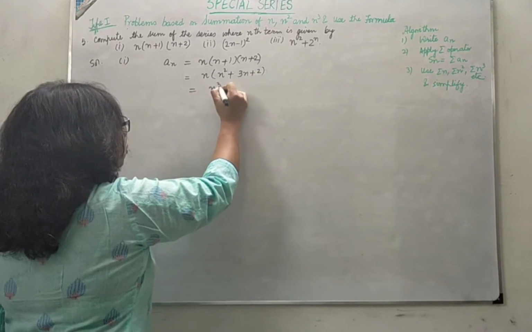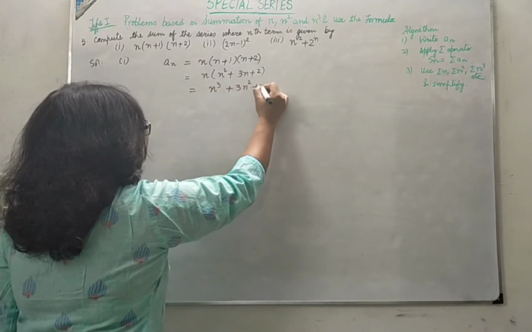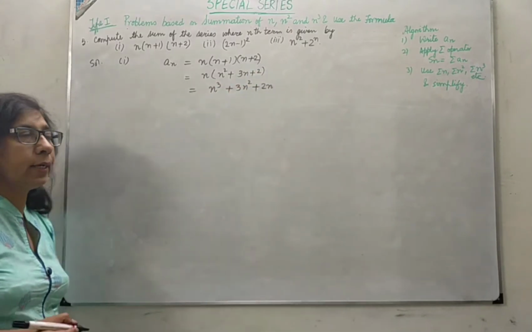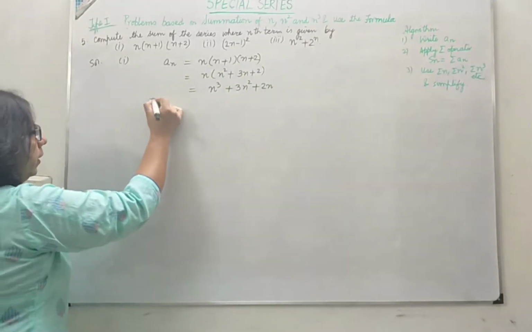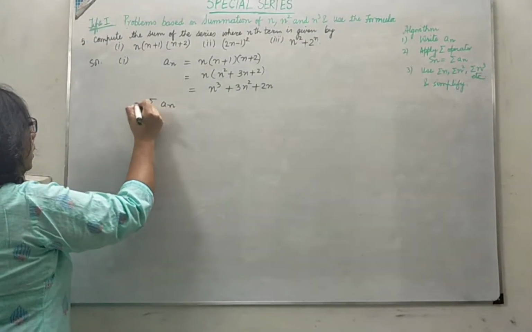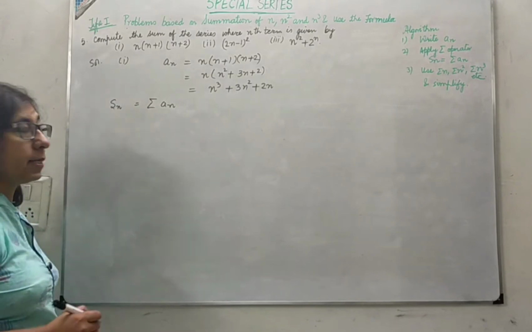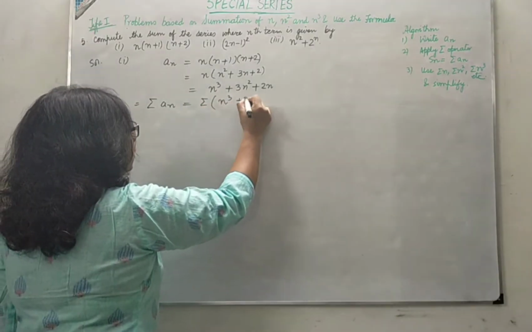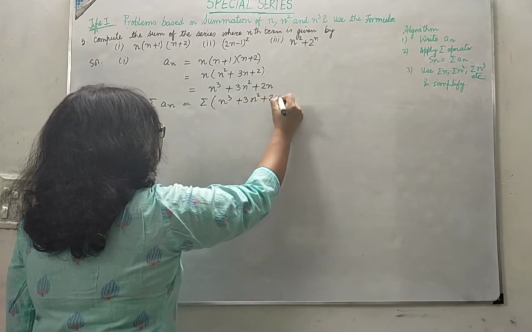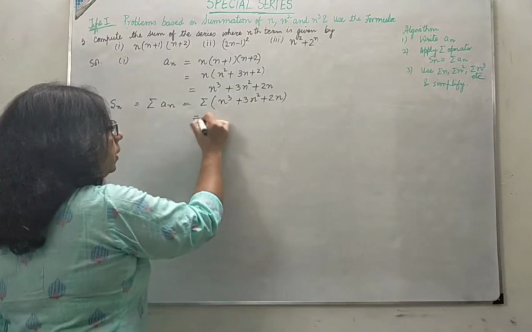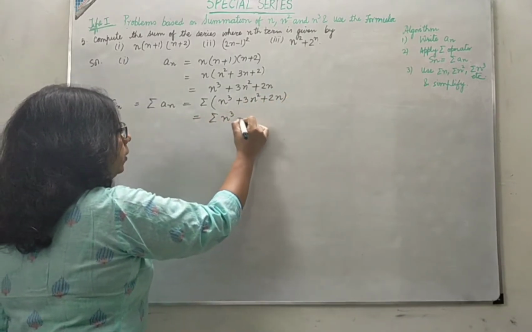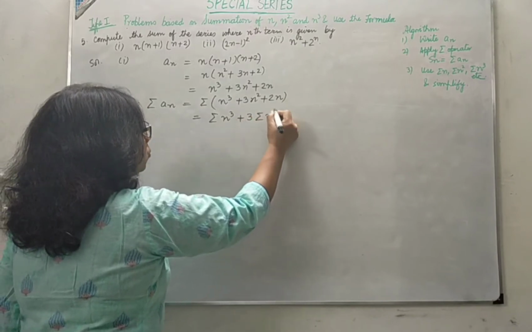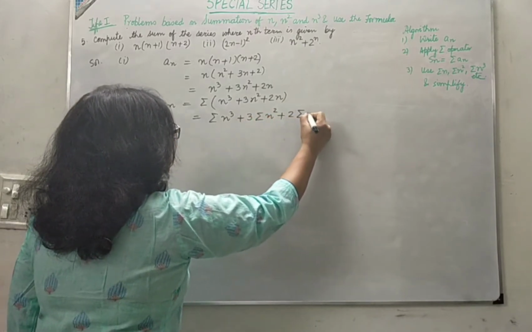This becomes n cube plus 3n square plus 2n. And now we have studied the properties of sigma operator. The sigma an you can write as Sn, and so sigma over all the terms. Applying the properties here, this can be written as sigma n cube plus 3 times sigma n square plus 2 times sigma n.